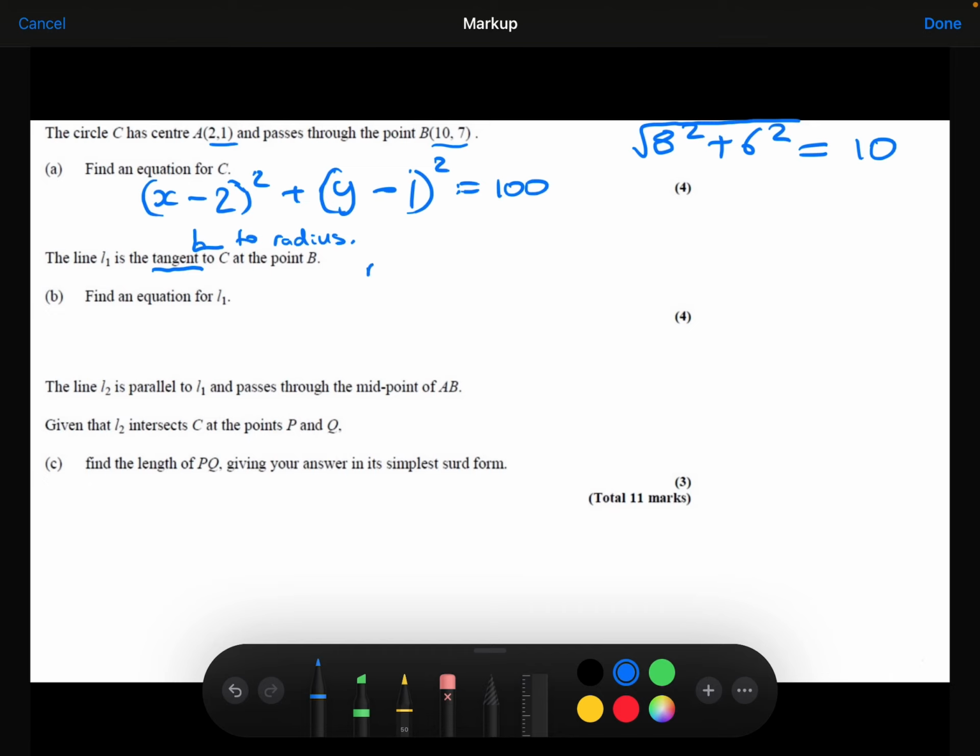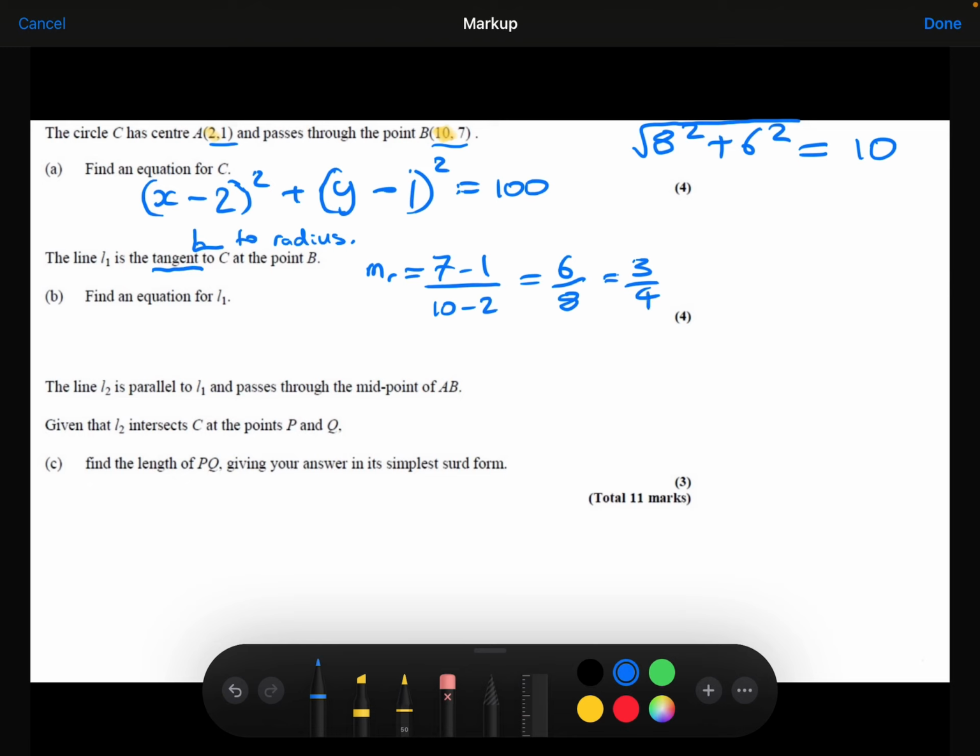So the gradient of the radius, I'll call it m_R, is the change in the y-coordinates, 7 minus 1, divided by the change in the x-coordinates, 10 minus 2. Which gives 6 over 8, or 3/4.